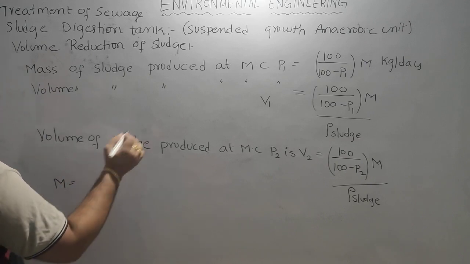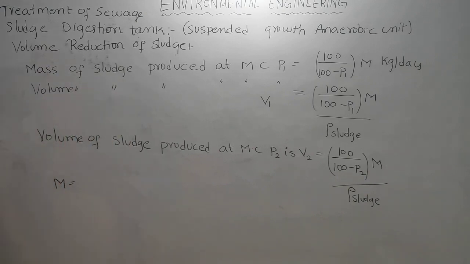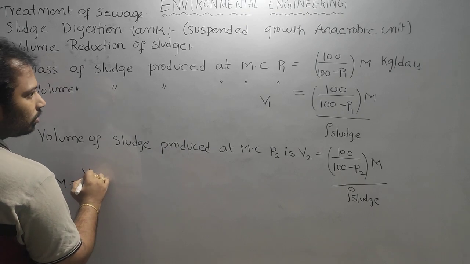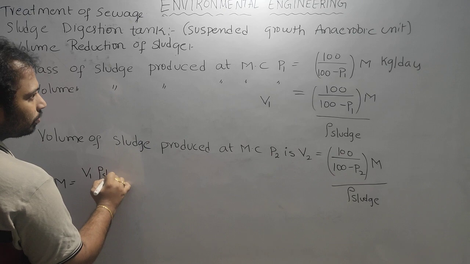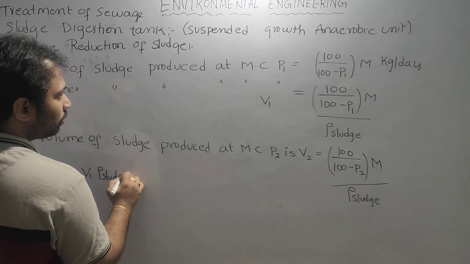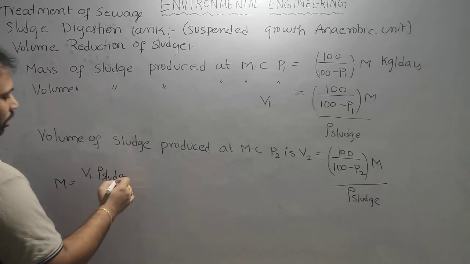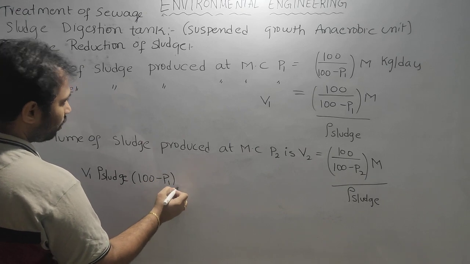So m is equal to V1 into rho of sludge into 100 minus P1 by 100.